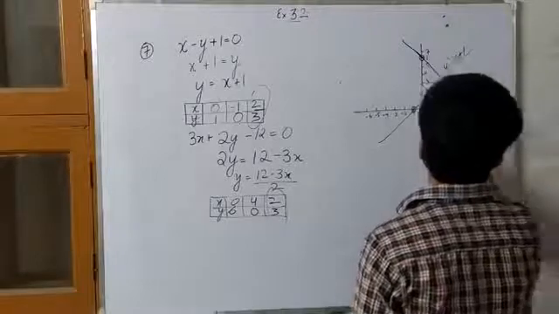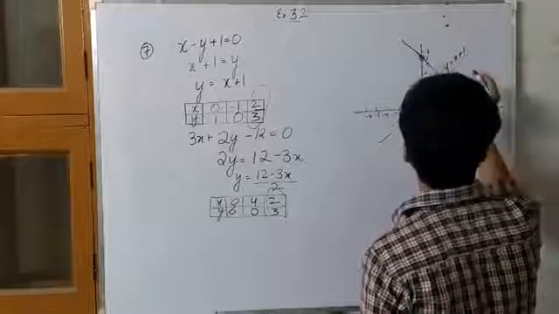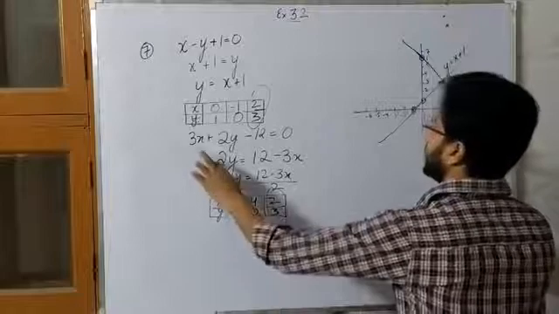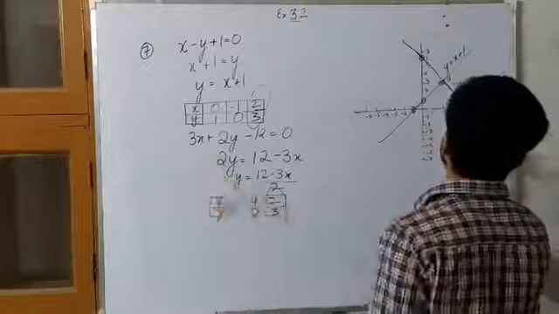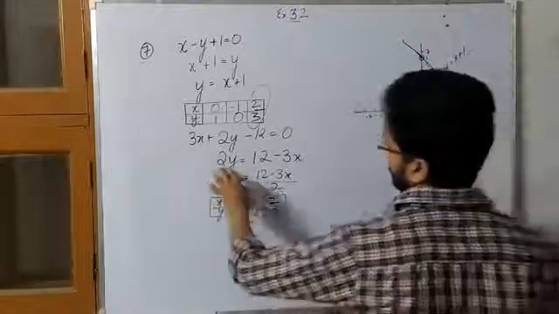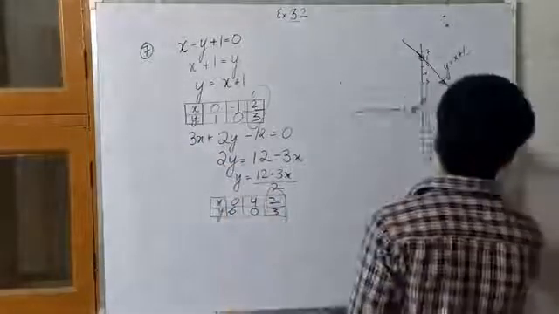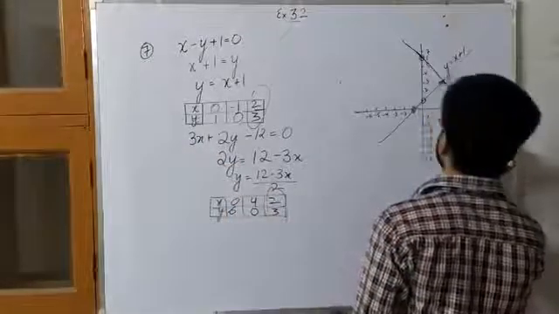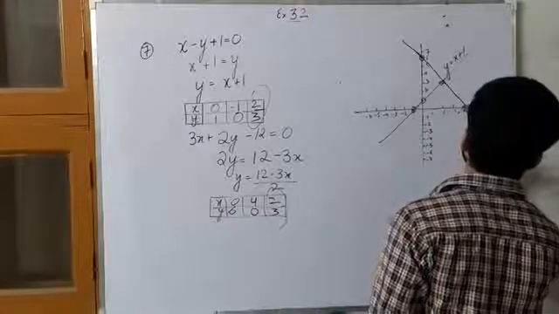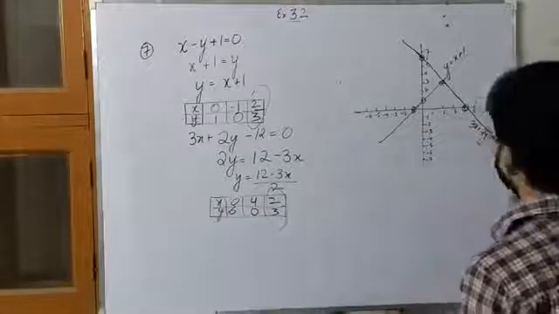Write down the equation over here on this line. What is its equation? 3x plus 2y minus 12 equals 0.